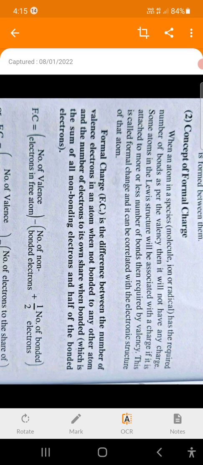But in acidic medium, if we consider that aqueous acid solution, then we know that oxygen possesses a lone pair of electrons, and that lone pair forms a bond with the H plus protons available in the acid medium, and therefore H2O becomes H3O plus, the hydronium ion.